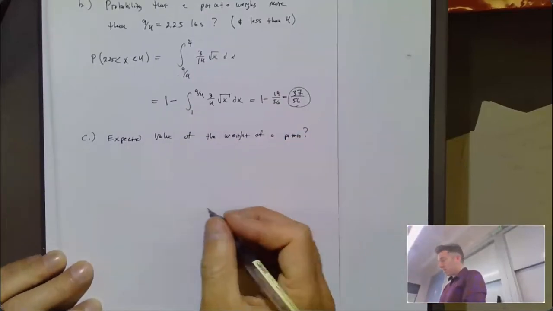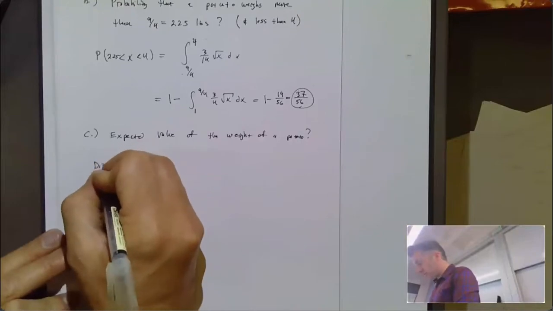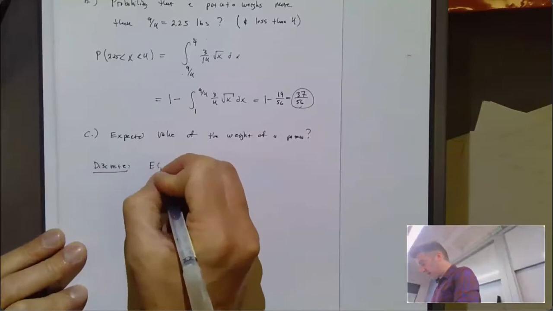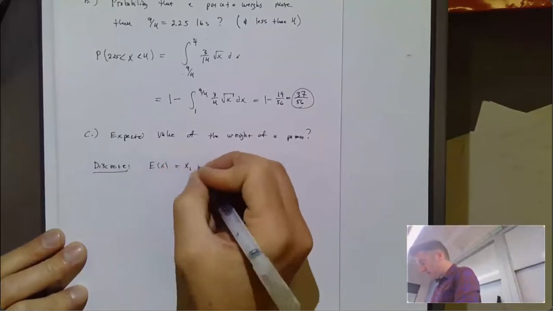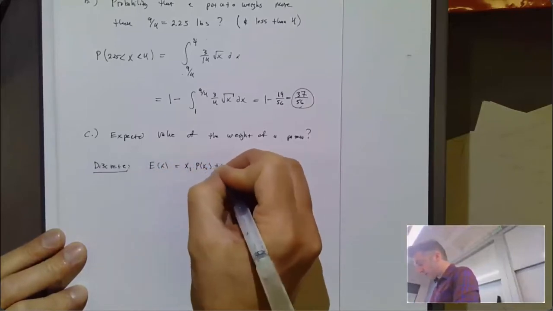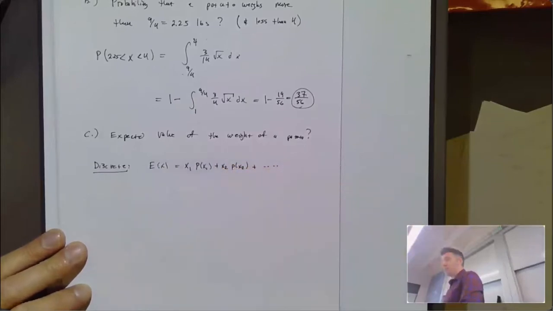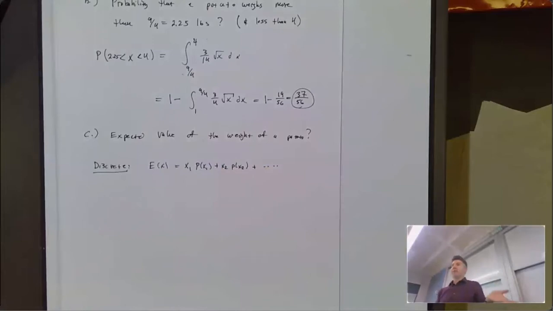Well, in discrete land, we calculated the expected value as each value of x times the probability of x. But in continuous land, we can't do it that way, right? Because there are literally an infinite number of x values. And we can't say it's this value times the probability plus this, right? It doesn't work that way.